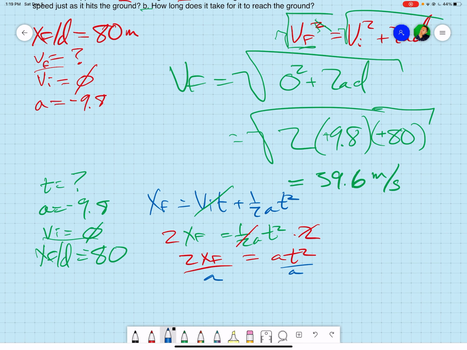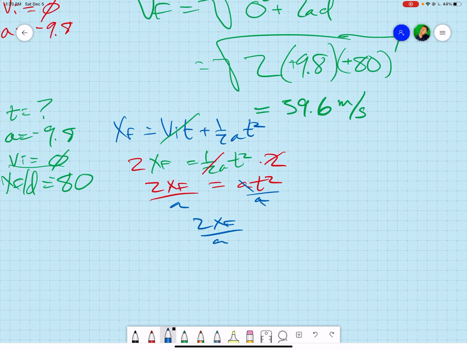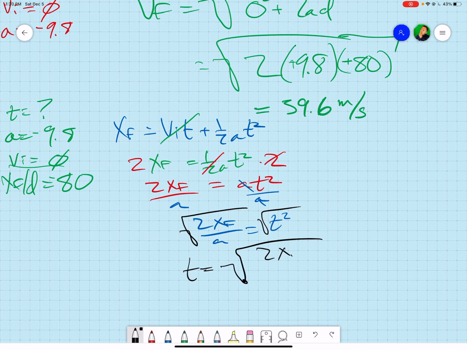How long does it take means time. So that crosses out. So I have 2XF divided by A is equal to T squared. And my last step is square root. So I have T by itself is equal to square root of 2XF over A. And you probably have D instead of XF, but that's okay. No big deal.